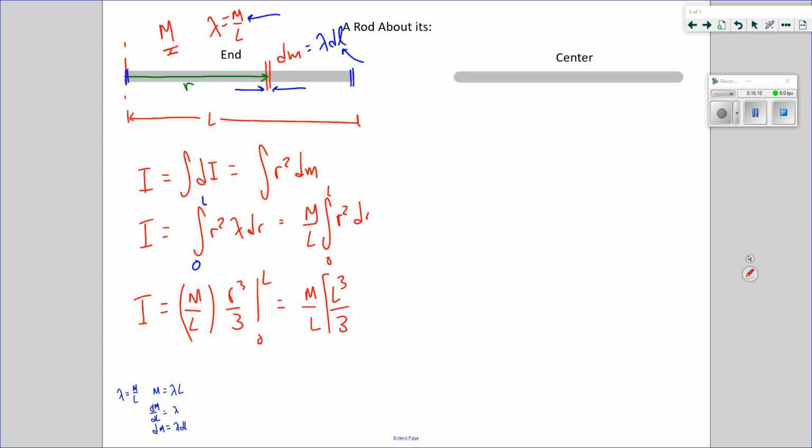Well, formally, technically, minus 0 cubed over 3 if you want to. And that is m L cubed over 3L, or m L squared over 3, or 1/3 m L squared. Hooray.